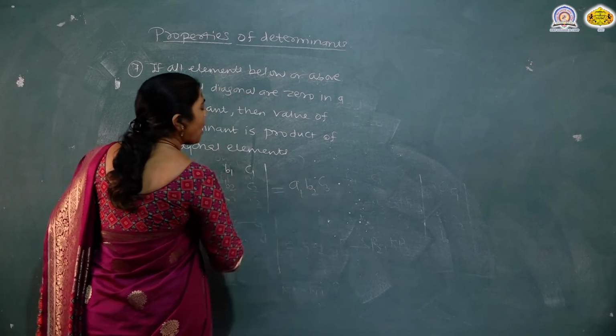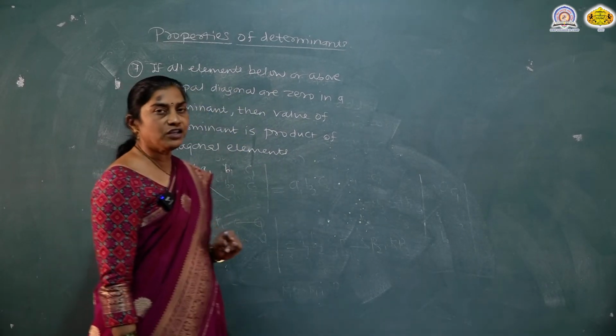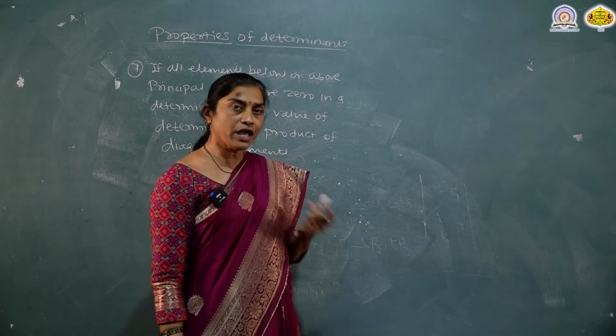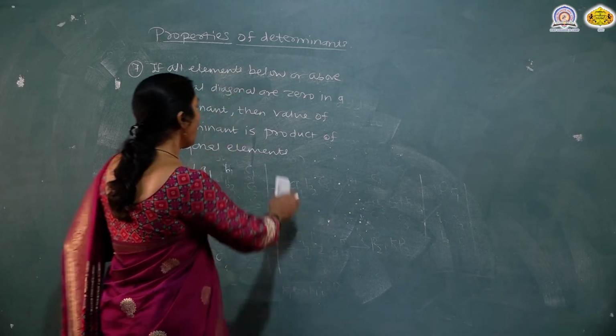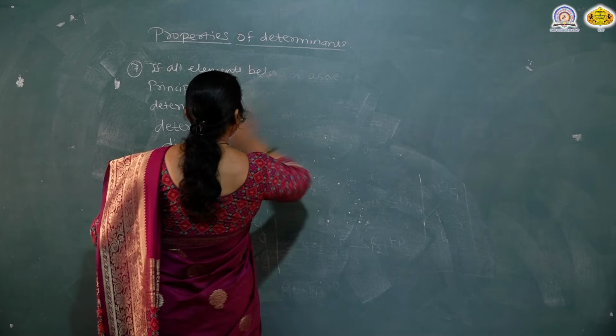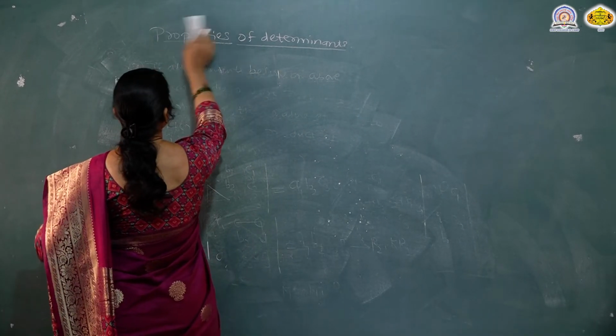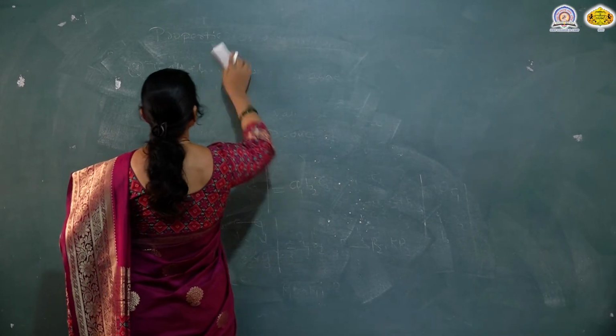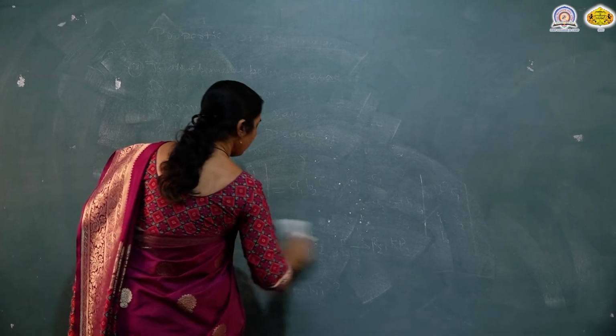These properties are very useful to find the value of the determinant without expansion. So in some cases there is no need to expand determinant, we can use the properties and simplify the answer.